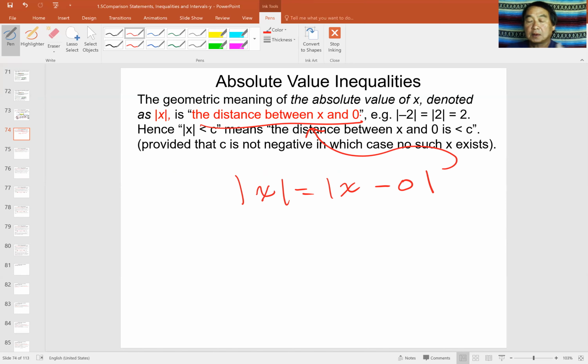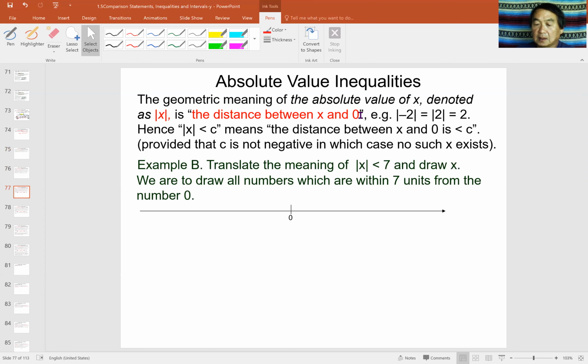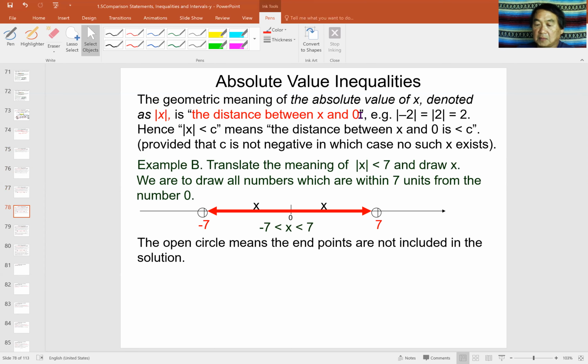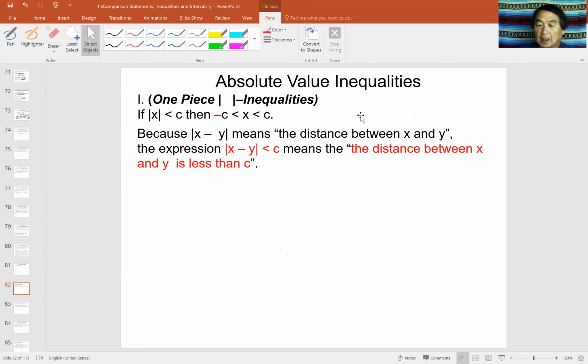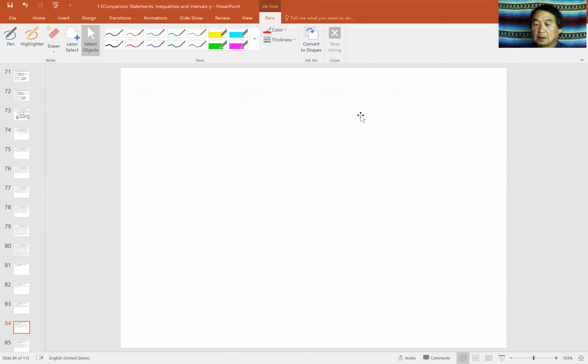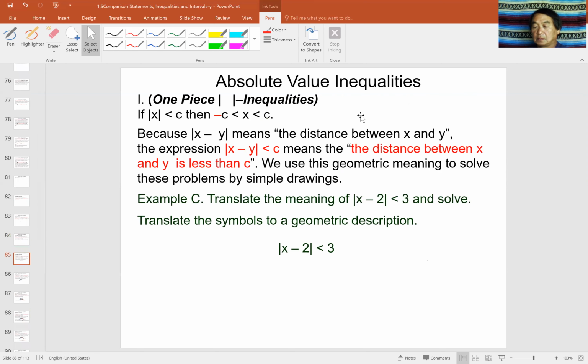We translate the distance questions into the sign and the pictures. Okay, so absolute value of x less than 7 looks like this, 7 to either side. In fact, this is the picture for translating the phrase absolute value of x minus 2, first into English or whatever your natural language is.